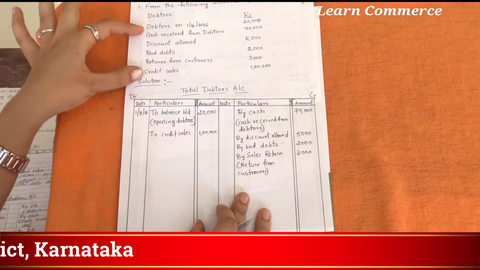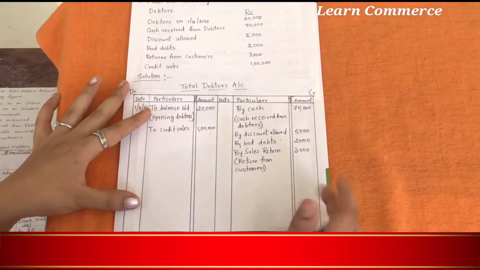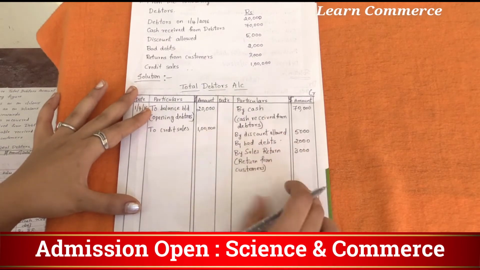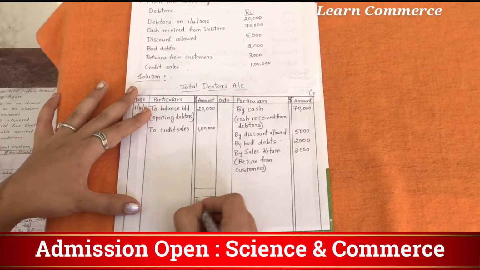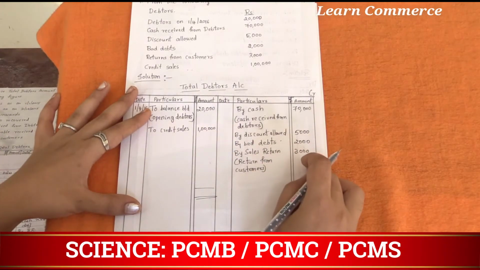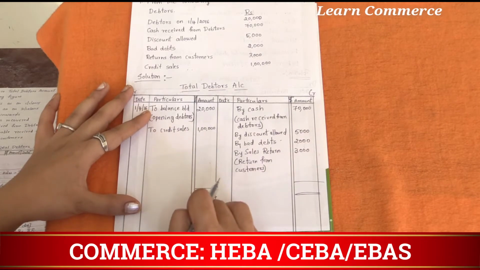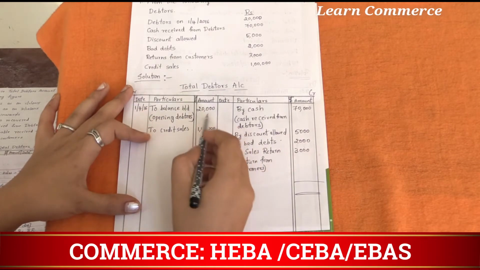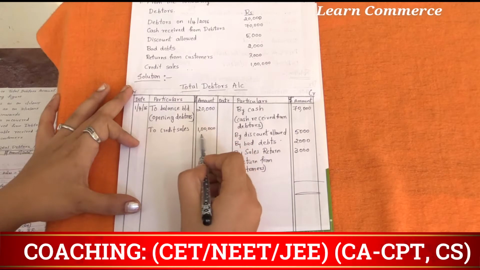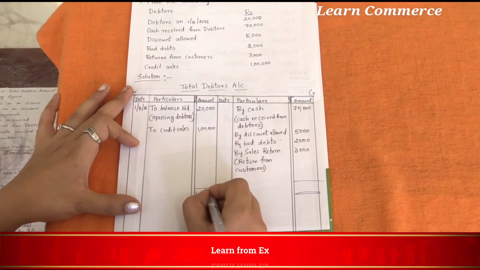Whatever entries, whatever aspects they gave in the problem, we wrote here. Then you should make a total of both the sides. Just compare which side is more, this amount column or this amount column. Just calculate. I think here we get the more amount, that is 20,000 plus 1 lakh rupees, that is 1 lakh 20,000.